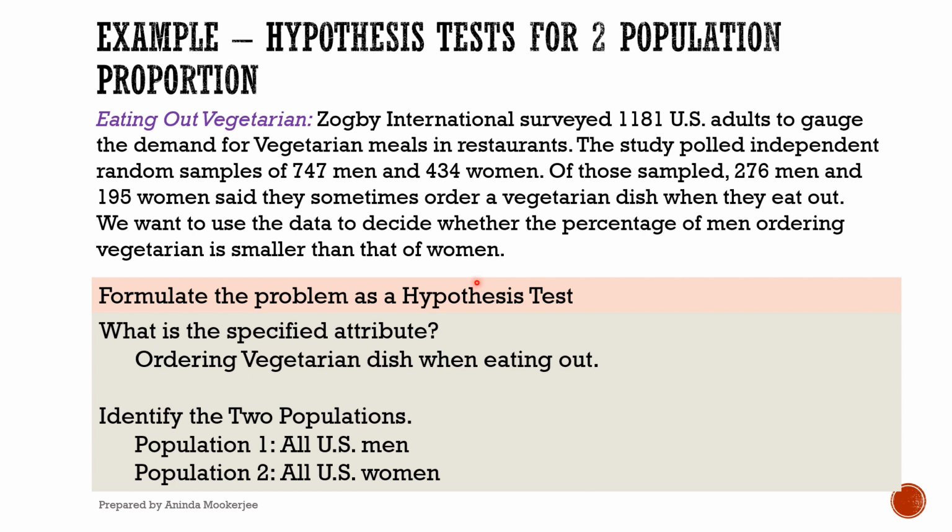All right, so let's try to think what the study is about. They are trying to find whether men order vegetarian dishes more frequently at a restaurant than women, or whether they order less frequently than women do, or if there's no difference between the frequency of ordering vegetarian dishes between men and women.